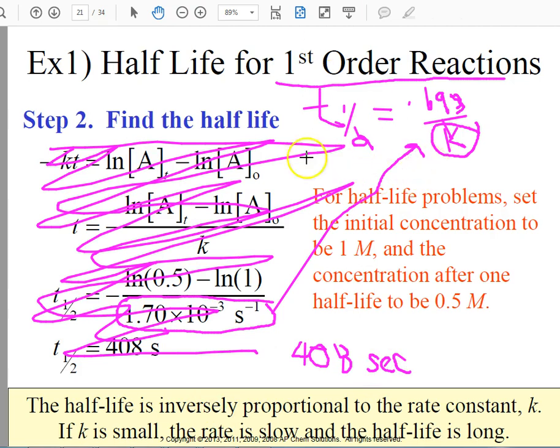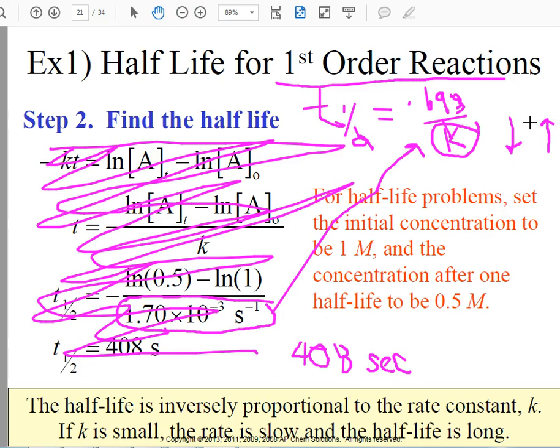Now, what we learned from this equation that's probably more important than this calculation is that half-life is inversely proportional to the rate constant. So if the rate constant is small, and this is featured in this box down here, if K is small, then your half-life is going to be really long.